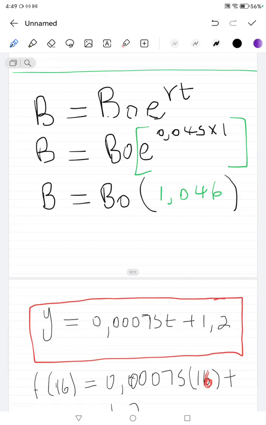So now you're going to say you have your 0.046 by your 100. Then you give out the percentage. I think it's like your 4.6%.